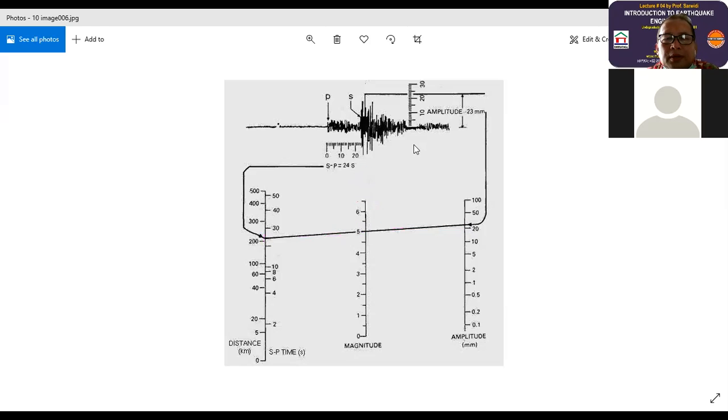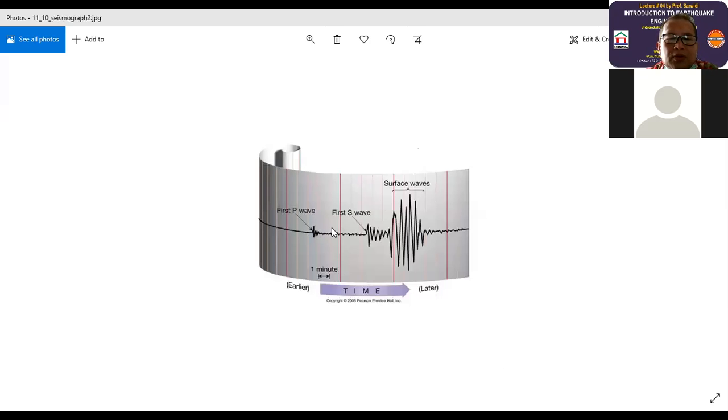Okay, next. There is another typical recording of earthquake vibration from the seismograph sensor. The first here is the P wave, and the second is the S wave, and both are body waves.